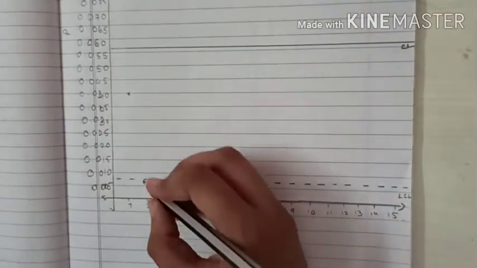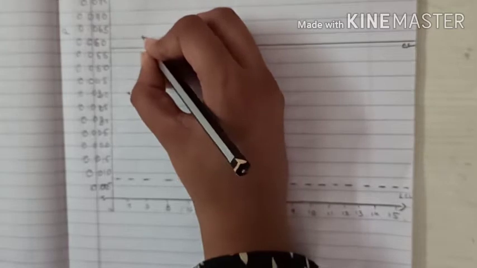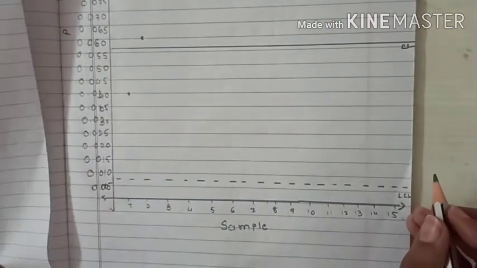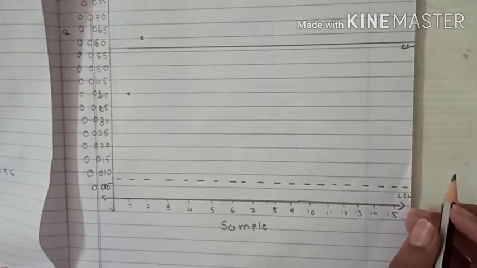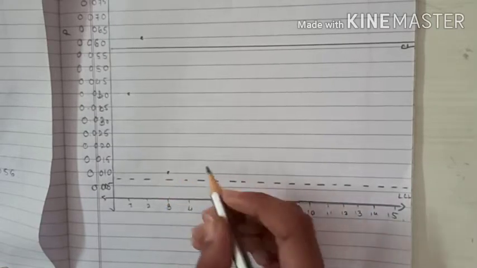Then 0.06. Then 0.010. So for the third it is here.